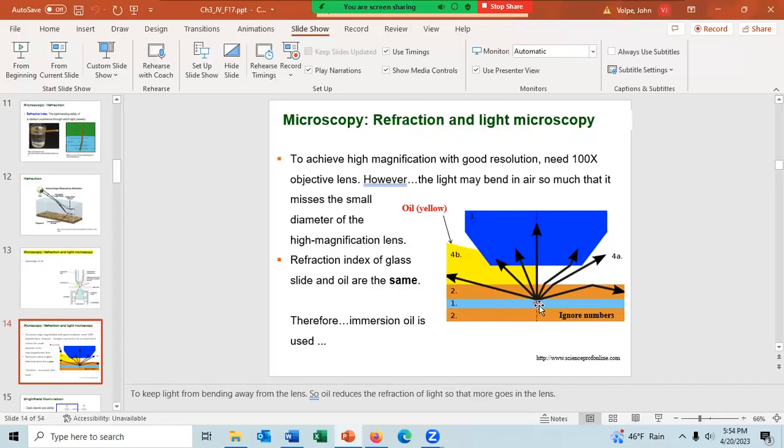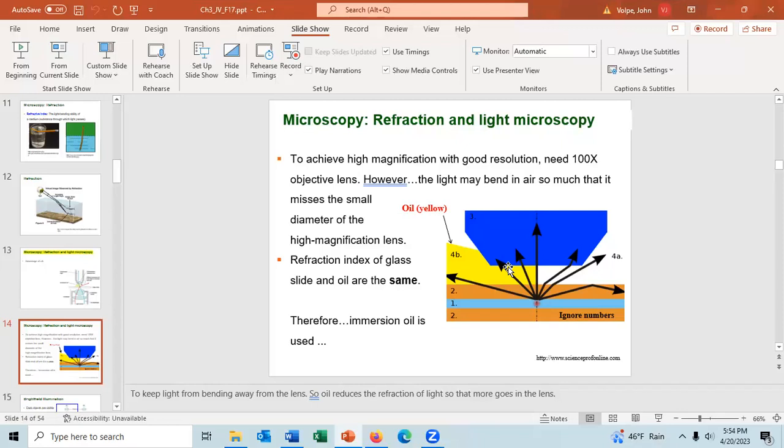If we use oil, then you'll note that this ray here, which was lost to the objective lens in the air, when we use oil, the light is not refracted, and so that ray will be captured by the objective lens. And that is why the use of oil helps improve the resolution of the light microscope.